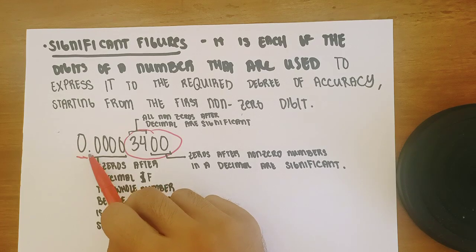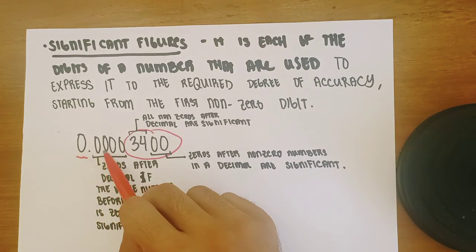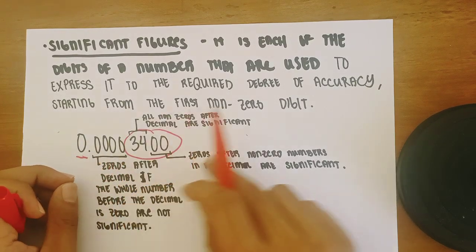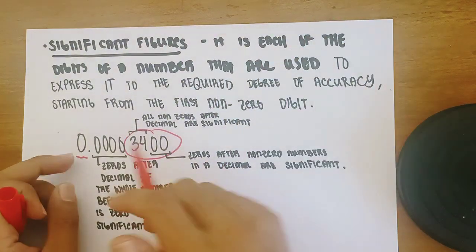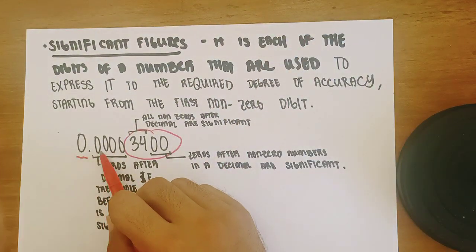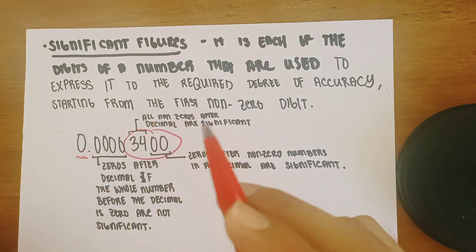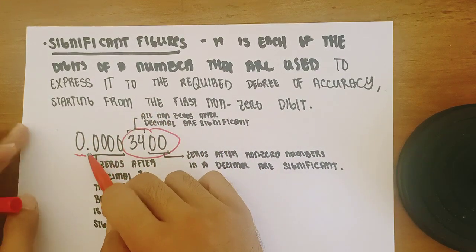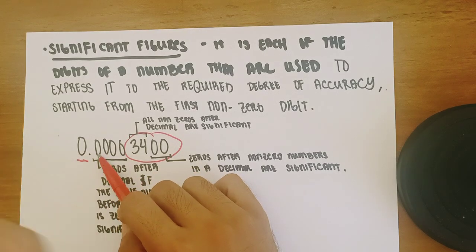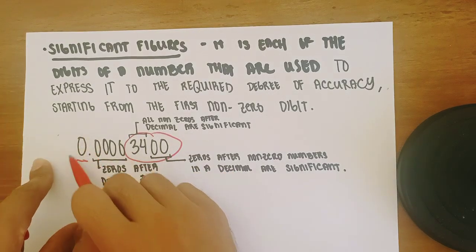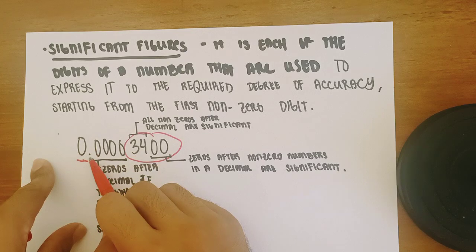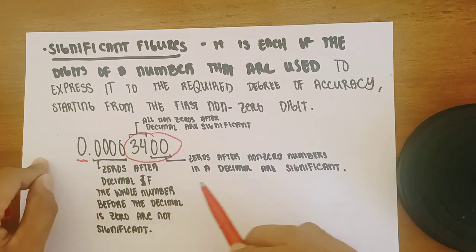After naman, ang decimal, pag 0 pa din ang sumunod na number after ng decimal, knowing na ang number before the decimal is still 0, hindi siya kinoconsidered pa rin.